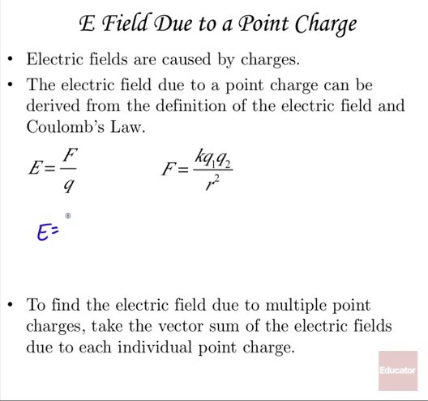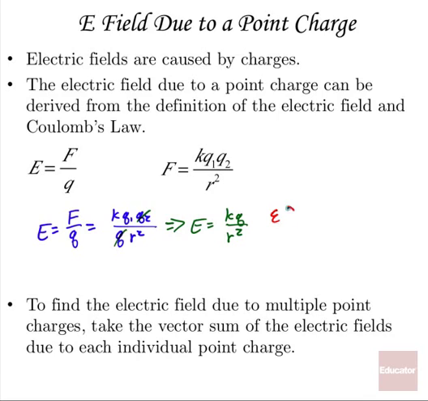If the electric field strength is force divided by charge, and force is K Q1 Q2 over R squared, and I still have this Q in the denominator there, well, we can cancel out or make a ratio of 1 from one of our sets of charges, and we find that the electric field strength is KQ over R squared.